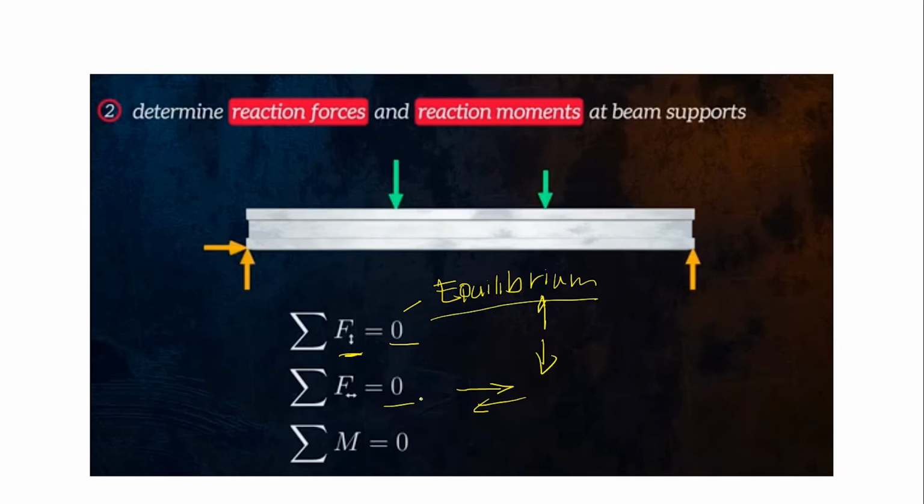And the same thing, the third one, the moment. What is the moment? Moment is the phenomenon, the force that tends the structure to move in a rotational way. So there's a force and there's a distance concerned from that reference.